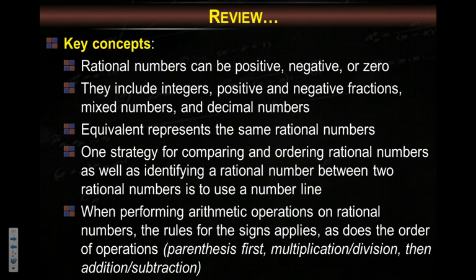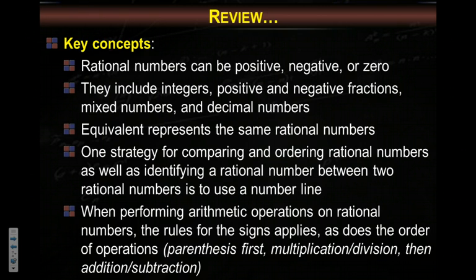One strategy for comparing and ordering rational numbers, as well as identifying a rational number between two rational numbers, is to use a number line. I didn't do that in the examples today, but a number line is absolutely a good strategy for doing that. When performing arithmetic operations on rational numbers, the rules for signs apply, as does the order of operations type stuff.